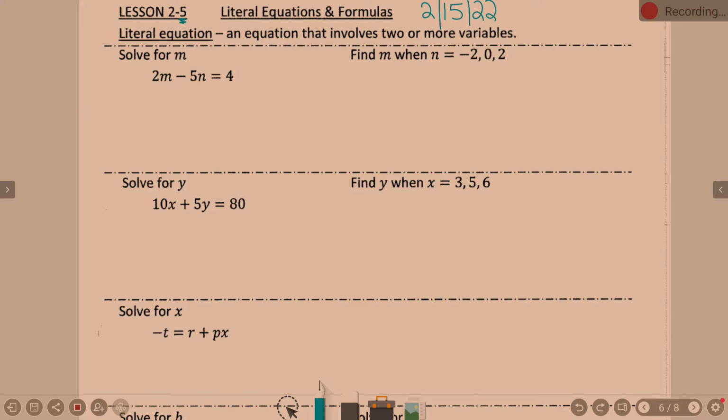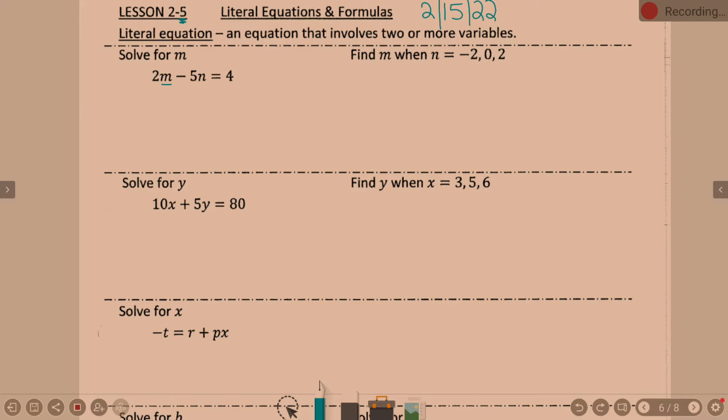So, starting at the beginning, 2m minus 5n equals 4. Think just like what we've been doing. If it's 2m minus 5n, my job is to get m by itself. So if I'm trying to get m by itself, I first need to get 2m by itself.